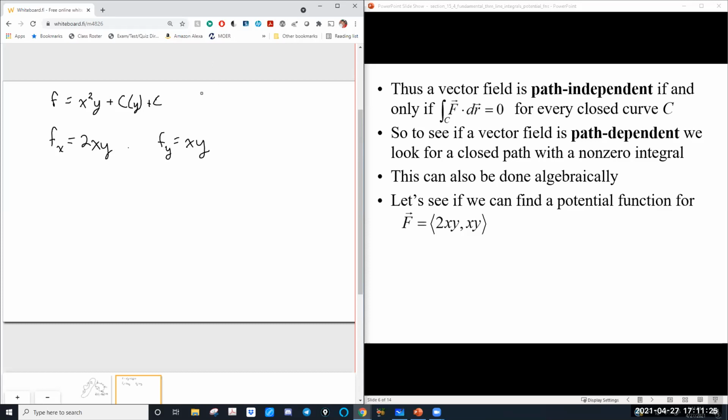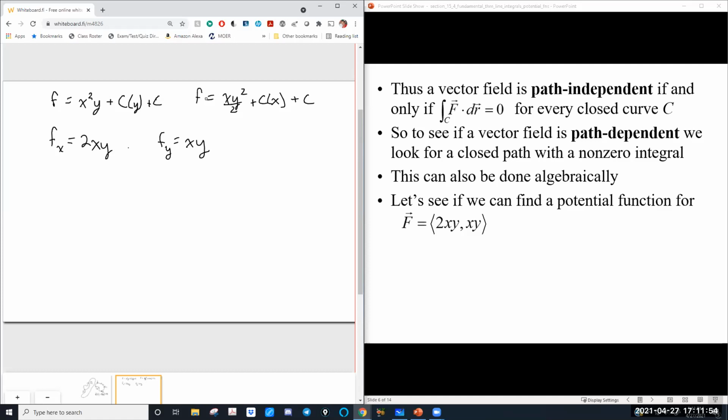All right, we do the same thing here. We take the antiderivative with respect to y. So that would be x y squared over 2. Taking the antiderivative of y, remember x is a constant. Now there could be a term that is only in terms of x, and then there could be some constant. Now, when we have a term in terms of x and y, like we do here, we call those interactive terms.